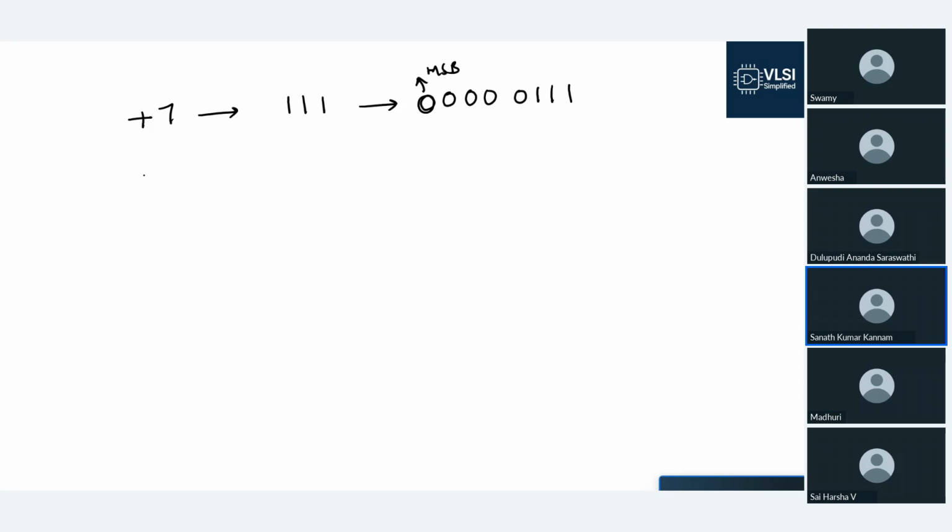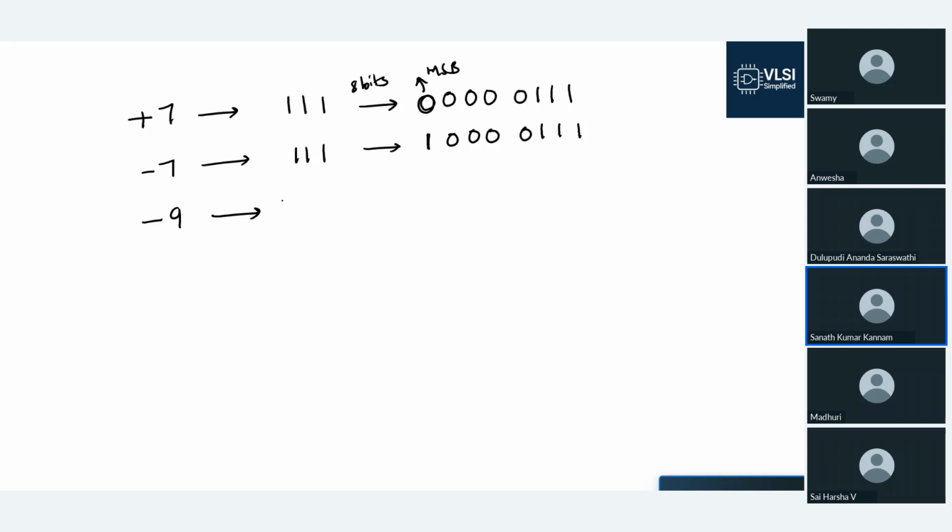Similarly, if I write minus 7, first you write the value, and if it is represented in 8 bits, the MSB will decide whether the given number is positive or negative. If it is 1, the given number is negative. So 1 0 0 0 0 1 1 1. Suppose minus 9 is there.